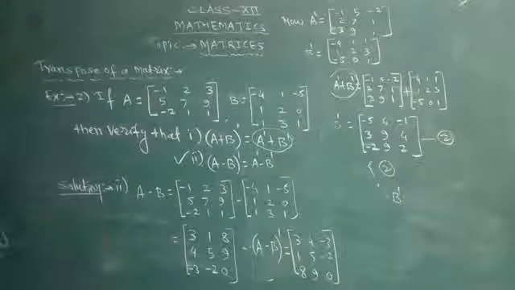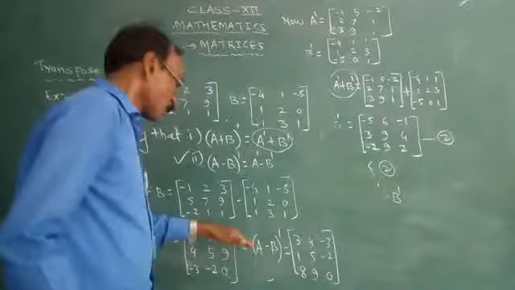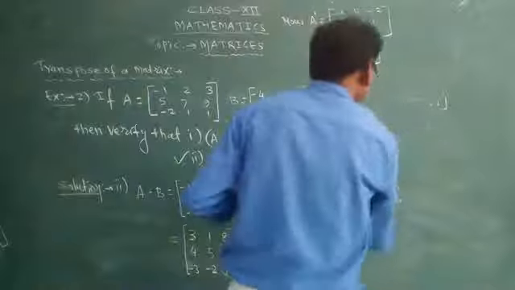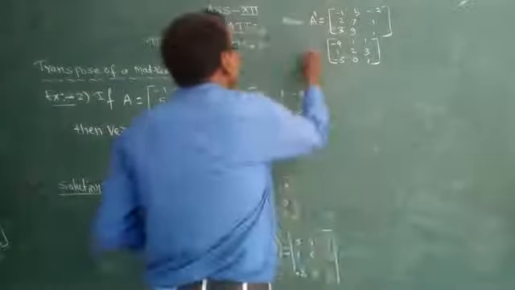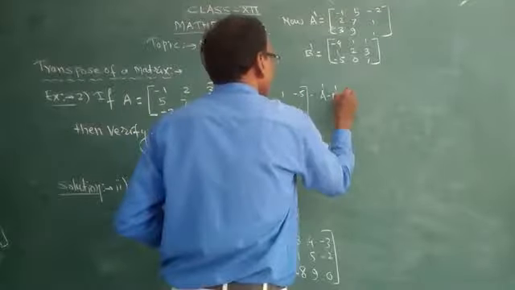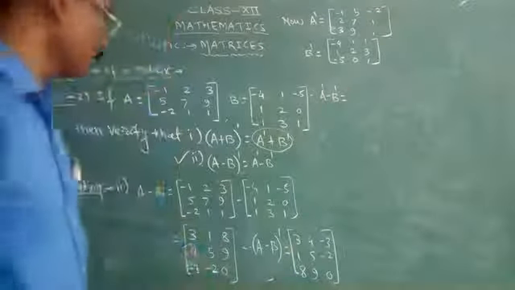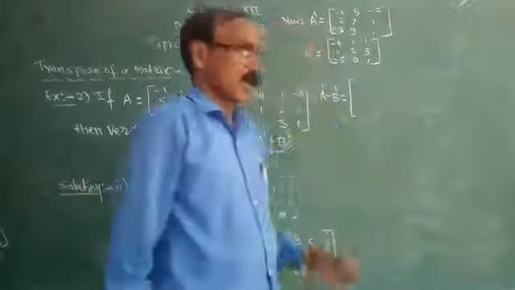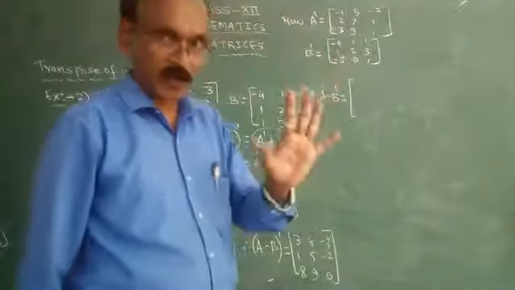Now let us find out A transpose minus B transpose. So here I already have A transpose and B transpose. Therefore, A transpose minus B transpose. Let us see whether (A minus B) transpose equals A transpose minus B transpose or not.